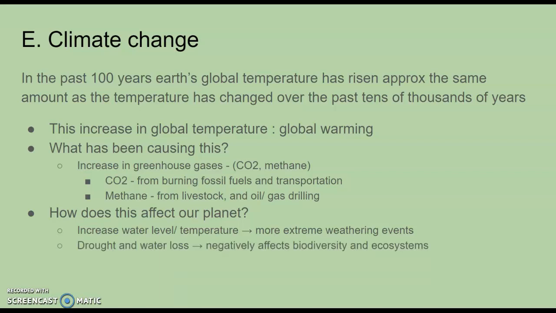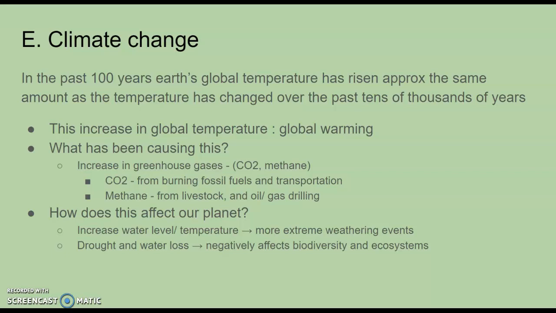How else does this affect our planet? Well, if our temperature is increasing, we're going to have more drought and water loss. Not only will this create droughts, helping spread fires once they arise, but the water loss will negatively affect our biodiversity, right? And we just talked about how biodiversity is crucial for our ecosystems to survive.